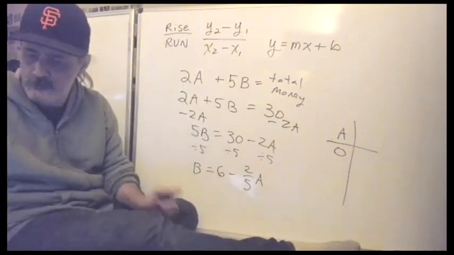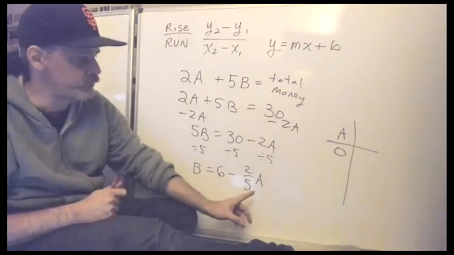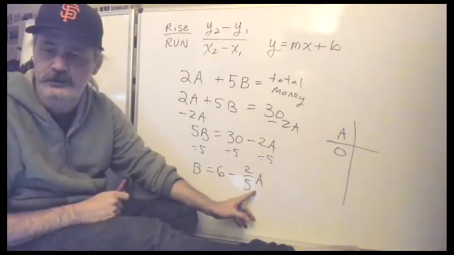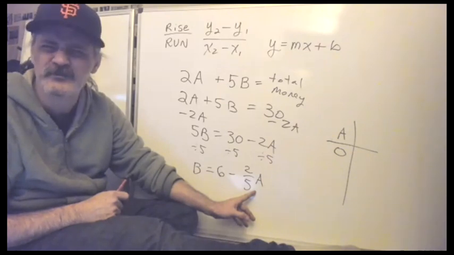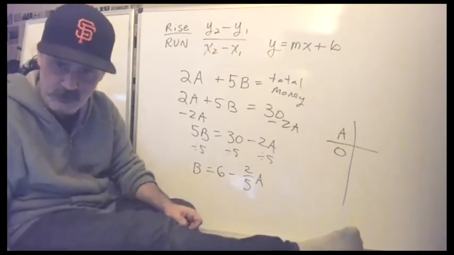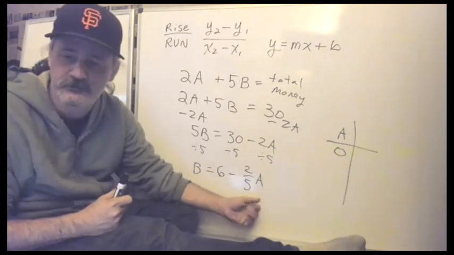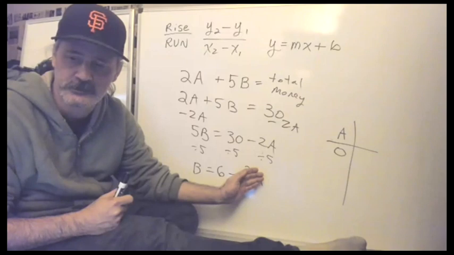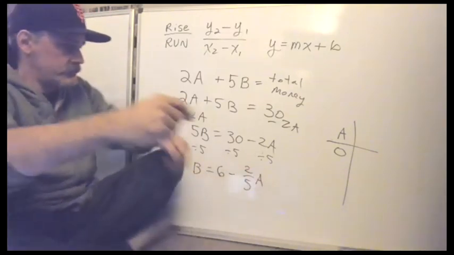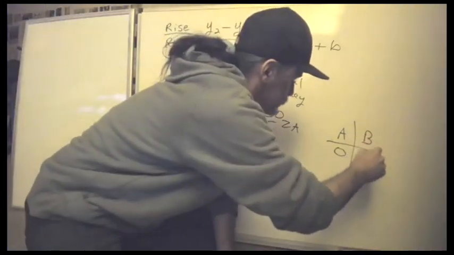Okay, so Jaden, when we replace A with 0, what's B going to equal? Correct. Again, the audio issues, so 6. Because 0 times 2/5 is 0, 6 minus 0. Okay, so then we get B equals 6.